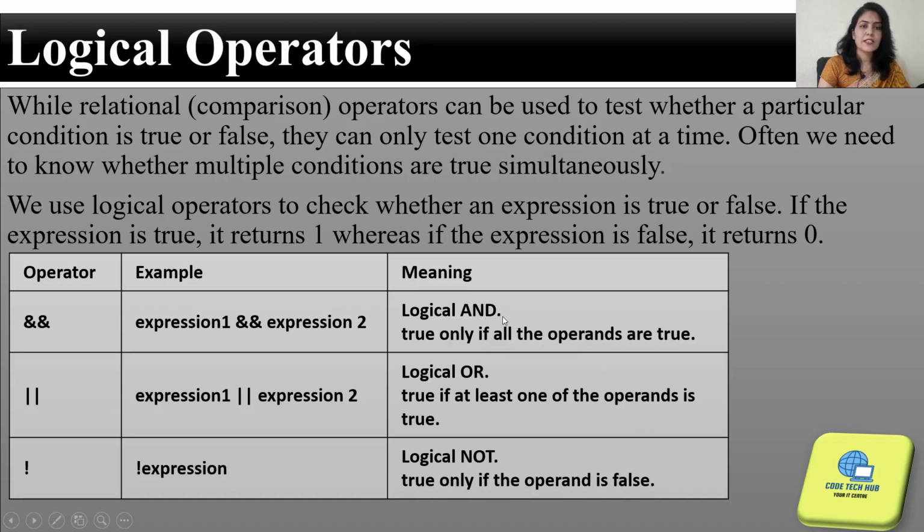The AND condition works when all the operands are true, meaning when all operands are true, the AND operator will work. The OR operator works when at least one of the operands is true. If one of the operands is true, at that time the logical OR will work. And logical NOT is true only if the operand is false.